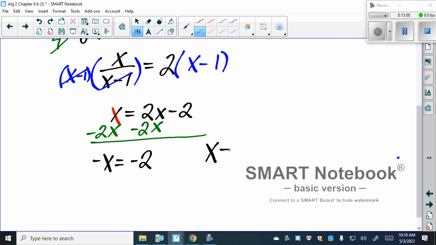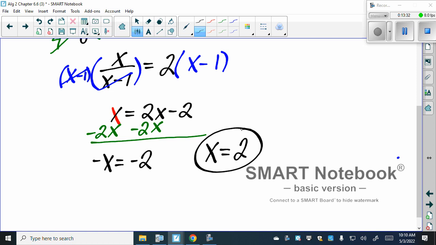Or positive x is equal to 2. We could have divided both sides by negative 1, multiplied both sides by negative 1. But if I change the x from negative to positive, the other side has to change from negative to positive. Or really, if negative x is negative 2, then x has to be 2.